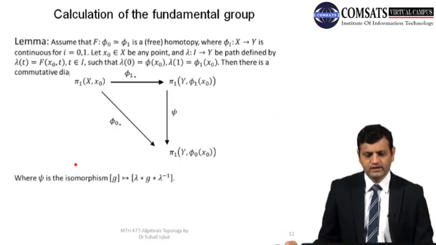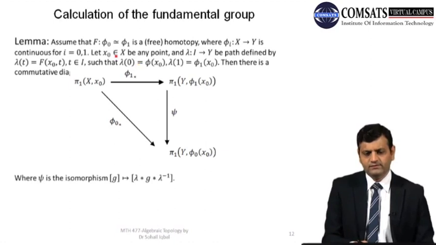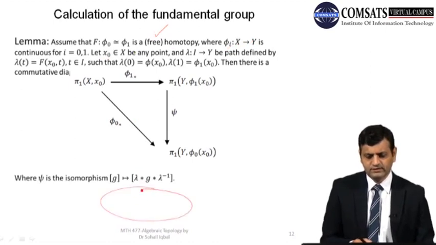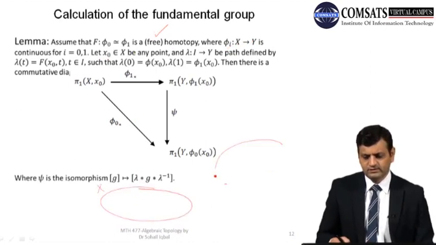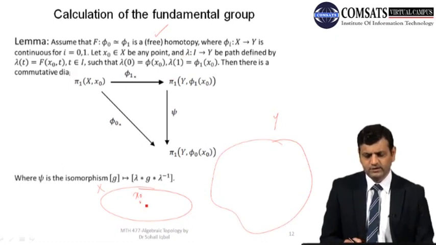Now we have another lemma. If we have two functions phi naught and phi 1 which are homotopic, and this is free homotopy, so this is important, and these are continuous functions from X to Y, and if we have a point x naught, so let's say this is the space X and this is space Y, so we have a point x naught here, and corresponding to this point, of course, we can calculate the fundamental group.